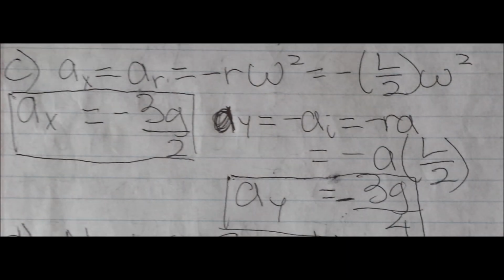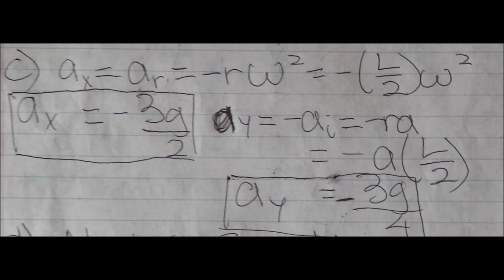For Part C, acceleration x is equal to acceleration r, which is equal to negative r omega squared, and that is equal to negative L over 2 times omega squared, because r is equal to L over 2.